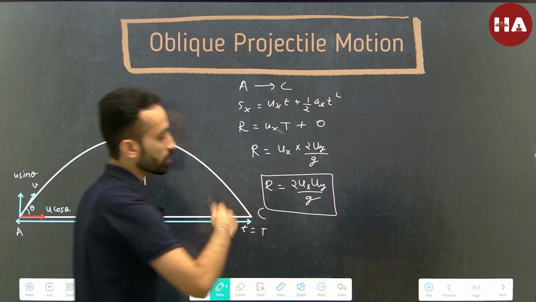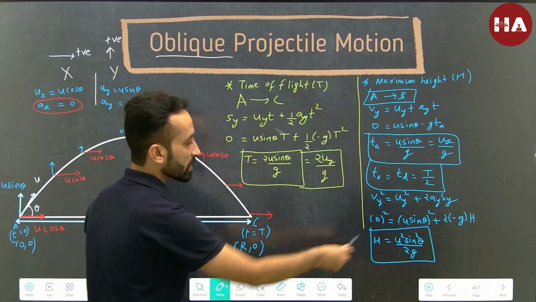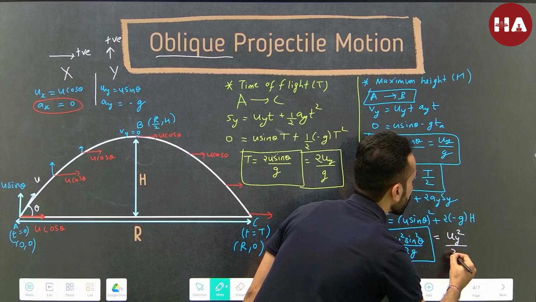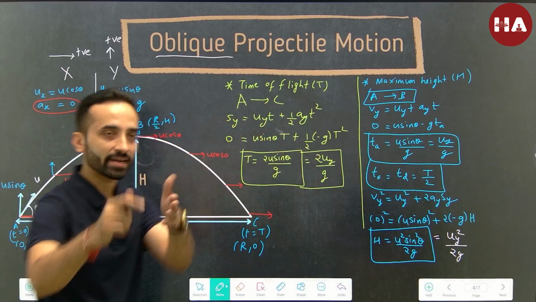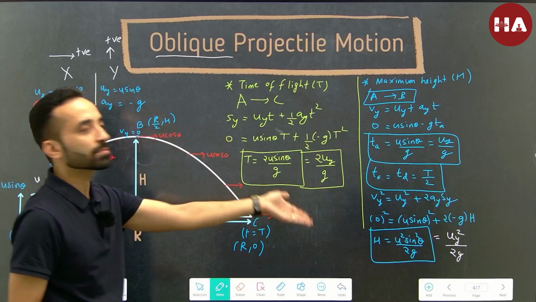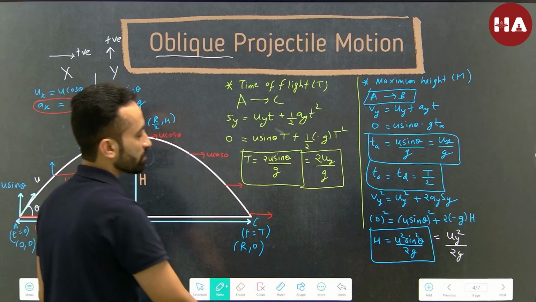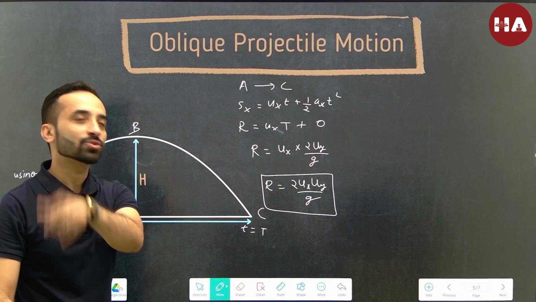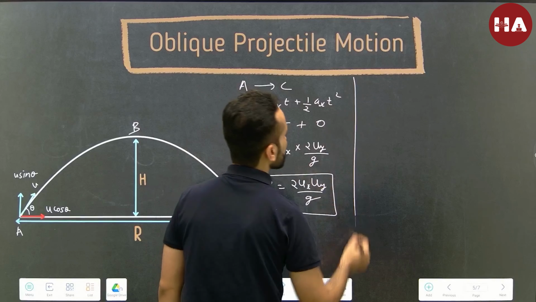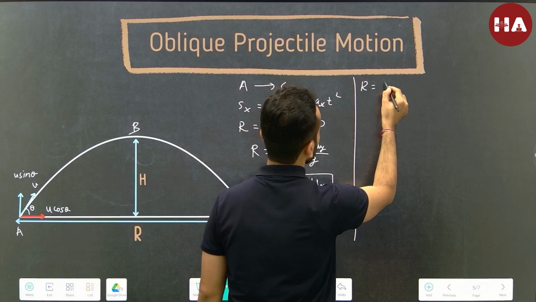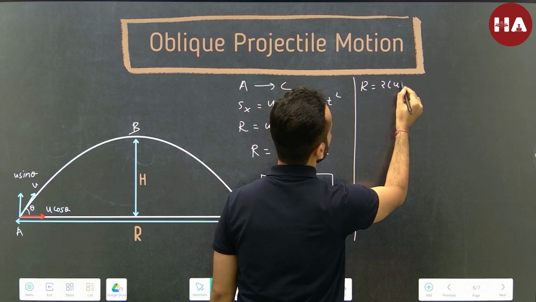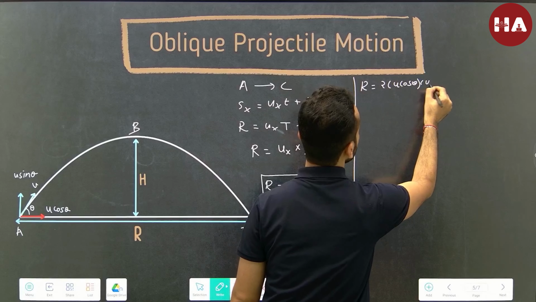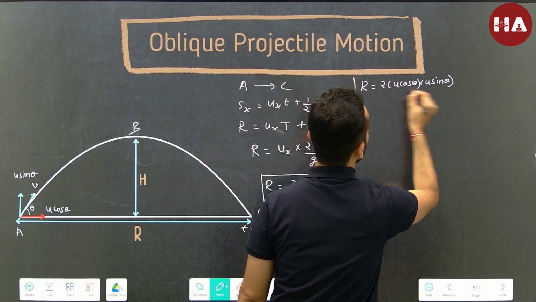In fact, if we go back to the previous slide, we can also write h max as uy square over 2g. Can we do that? Because u sine theta is nothing but uy. So you can also write h max as this. Here the range is written as 2ux uy over g, which you can then write with ux as u cos theta, which we already know, and uy as u sine theta, over g.